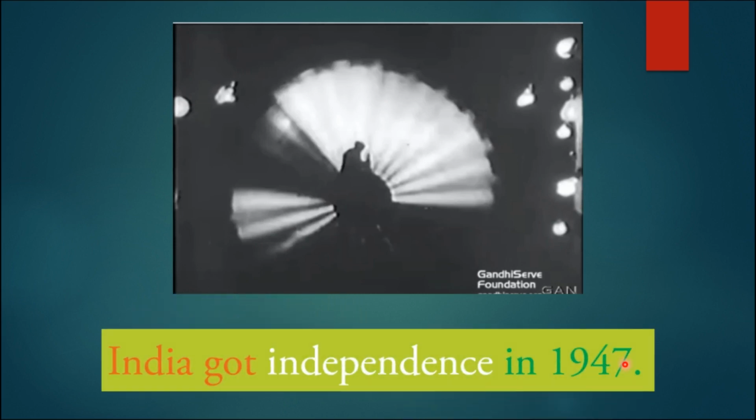India got independence in 1947. When India got independence on 15th August in 1947, on the Red Fort, our Indian flag was hoisted. India is the subject, got is V2, the rest is the dash dash dash full stop.